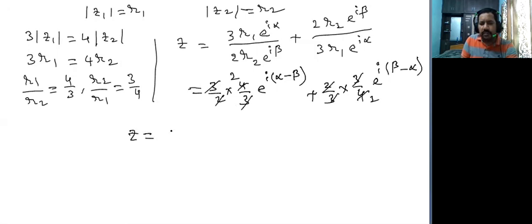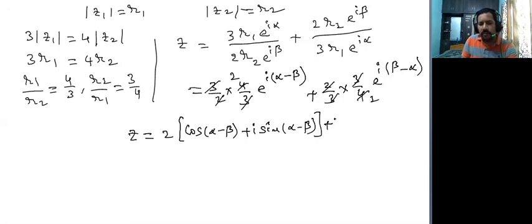Now expand this. Z is equal to 2 into e power i alpha minus beta, that means cos alpha minus beta plus i into sine alpha minus beta, plus 1 by 2 into, here beta minus alpha is there.